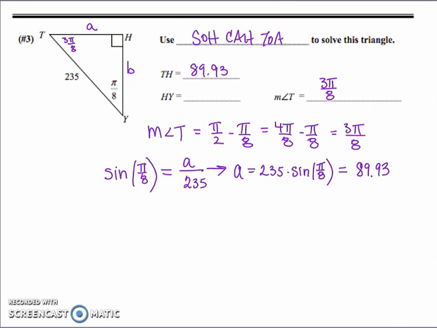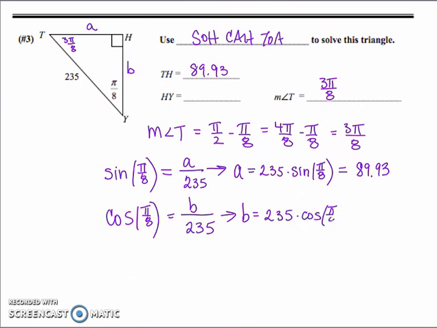All right, one more thing to find, and that is the other leg. I've called it B, but in my picture it would be side HY. We are going to use cosine for that one. We know that the cosine of angle pi over 8 is going to be equal to side B divided by the hypotenuse, which is 235. So B is going to be equal to 235 times the cosine of pi over 8.